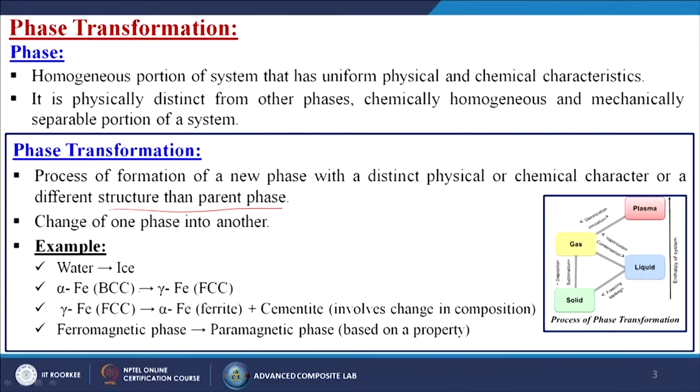Alpha iron BCC to gamma iron FCC structure, or from gamma iron FCC to alpha iron ferrite plus cementite, which involves a change in composition, or some ferromagnetic phase to paramagnetic phase based on a property. So sometimes we can change the magnetic properties of the material also.